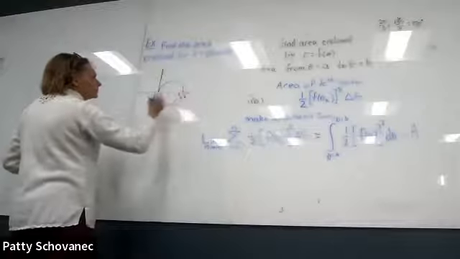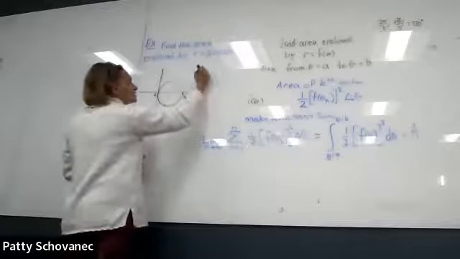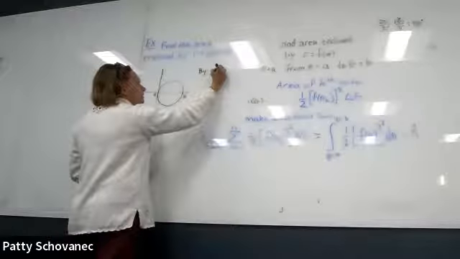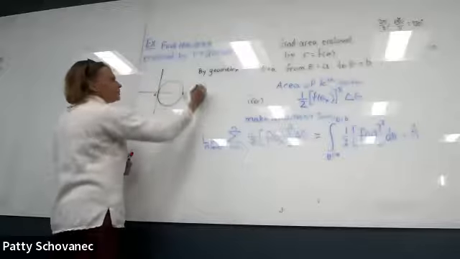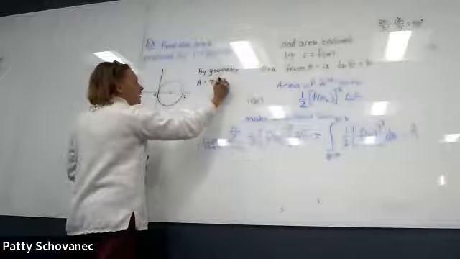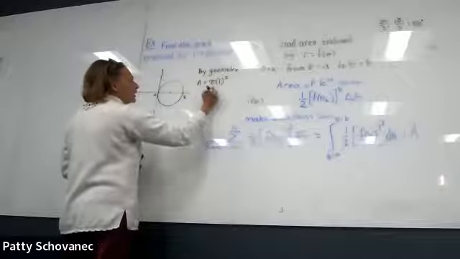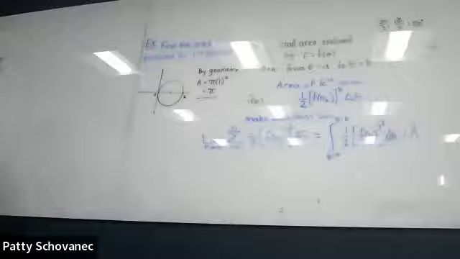Diameter 2. And so by geometry, we know that the radius would be 1, so the area is pi times 1 squared. We have pi square units of area enclosed by that particular circle.